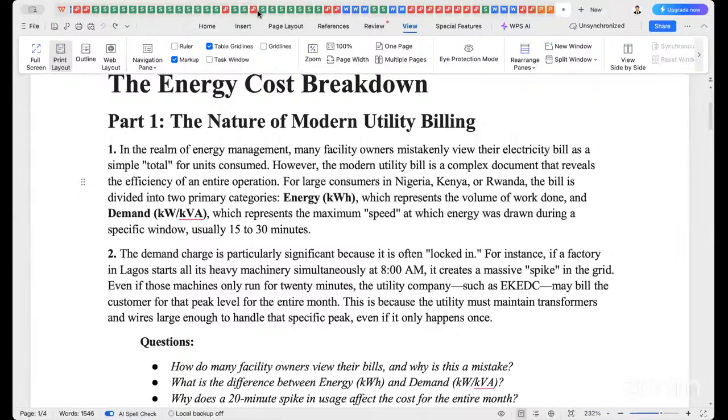The reason it's important is that at that 20 minutes, when you are demanding high energy, the wires, cables and transformers are doing extra work to get that level of electricity delivered to your facilities and appliances. So I think that should be a very good justification. I don't know if that answers the question. Thank you.